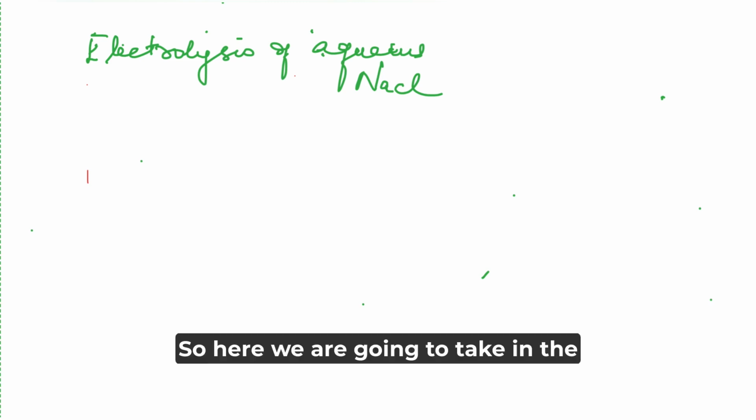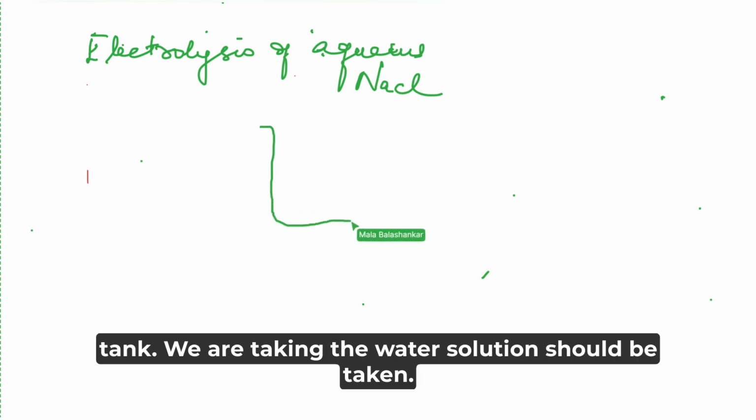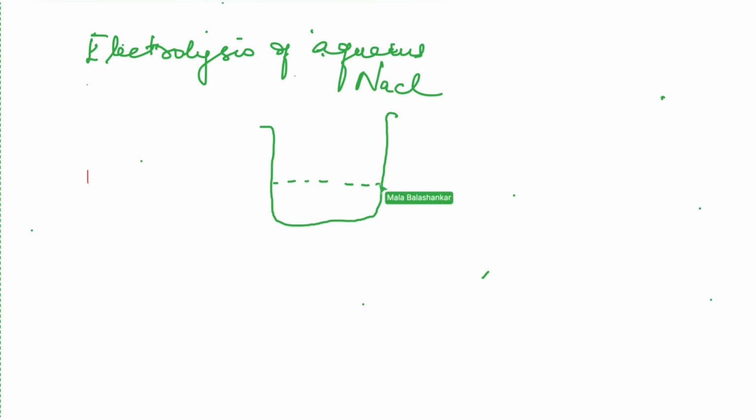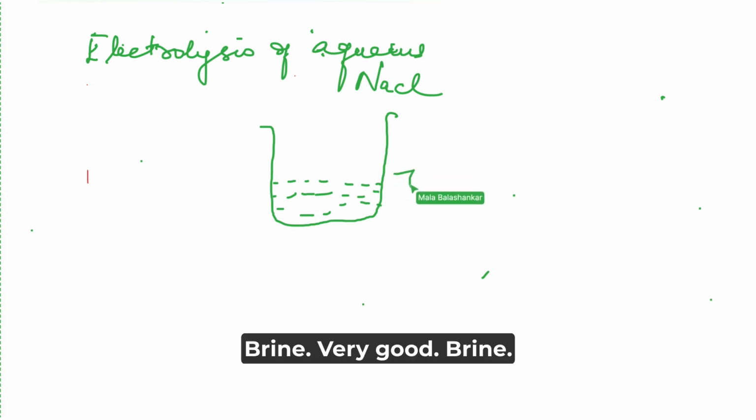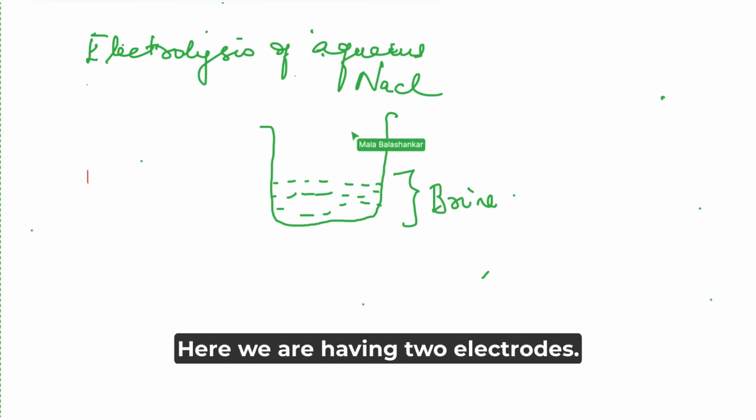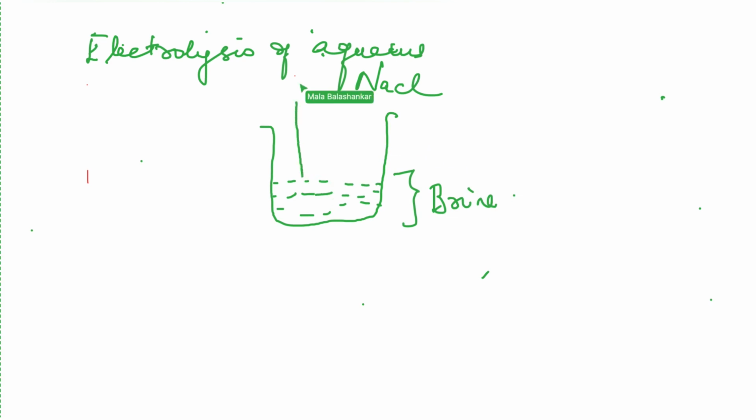So here, in the tank, what solution should be taken now? An electrolyte is taken. What is the electrolyte? Brine. Very good. Here we have two electrodes.